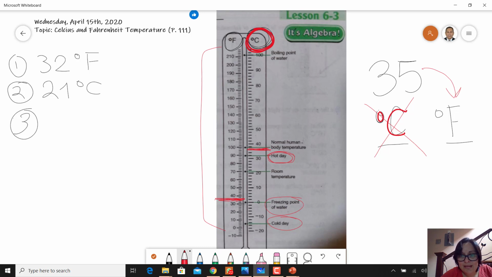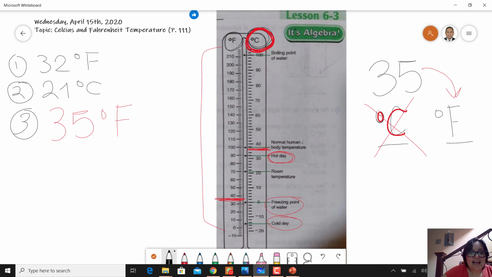So that means that for you to be wearing a winter coat, it has to be 35 Fahrenheit degrees, not Celsius. Because with Celsius degrees, 35 is very hot.